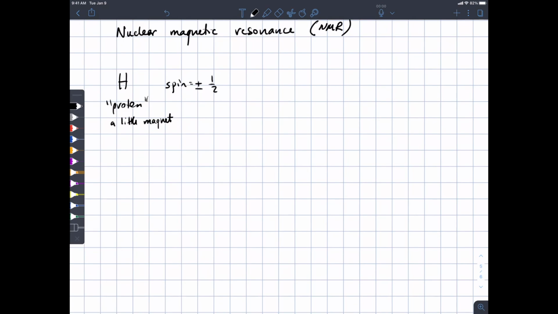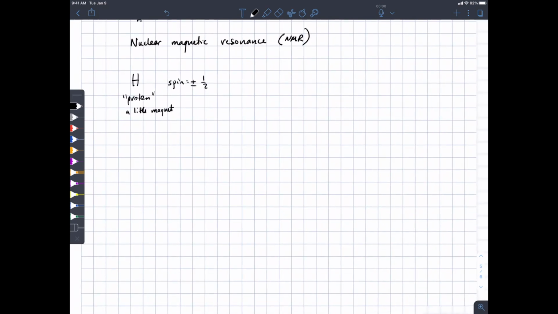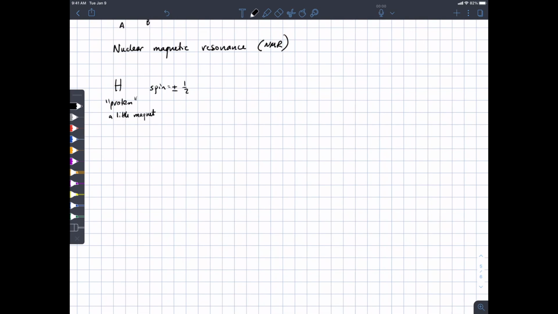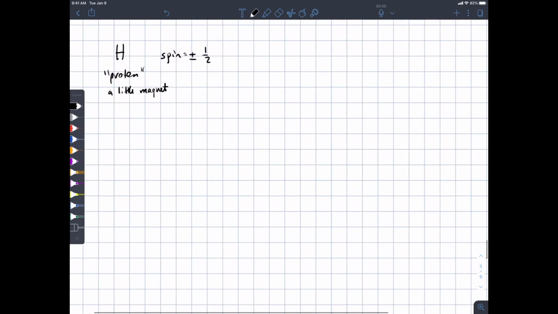Okay. So if a sample has lots of protons in it, we're not even worried about what they're bonded to. If there's no external magnetic field, there's no difference in energy to have spin 1/2 or spin minus 1/2, right?